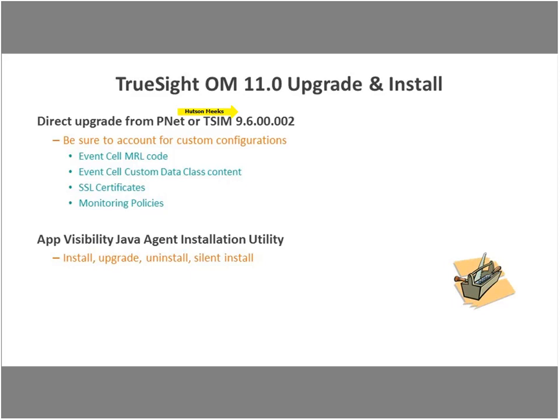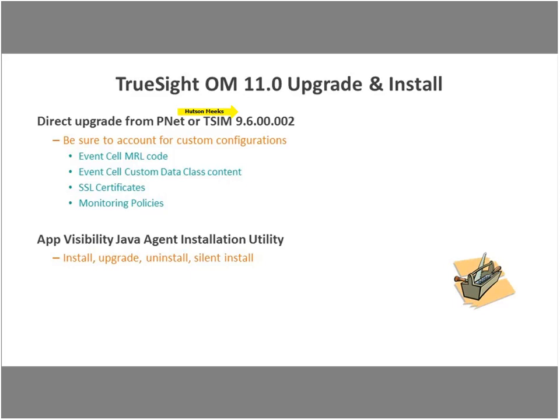So you don't have to upgrade to version 10 and then upgrade from that to maybe version 7 and then be able to upgrade to 11. You can go directly from this version of ProactiveNet or TrueSight Infrastructure Management Server to version 11.